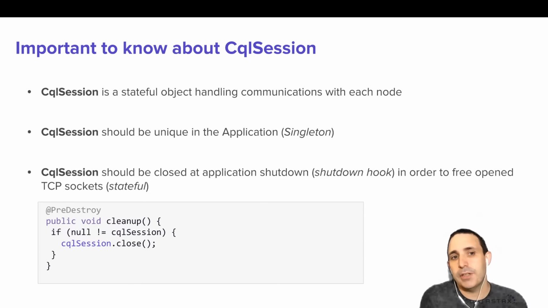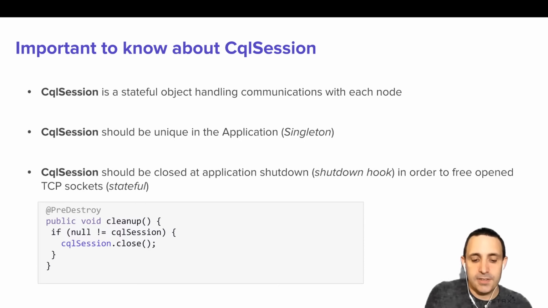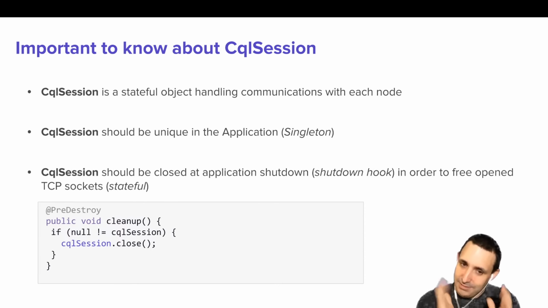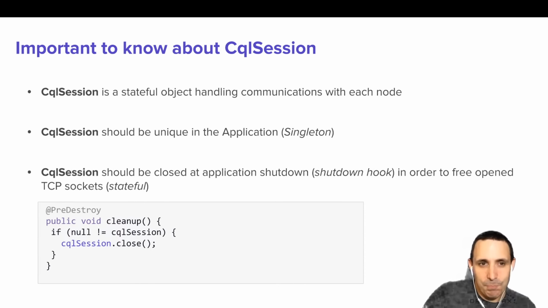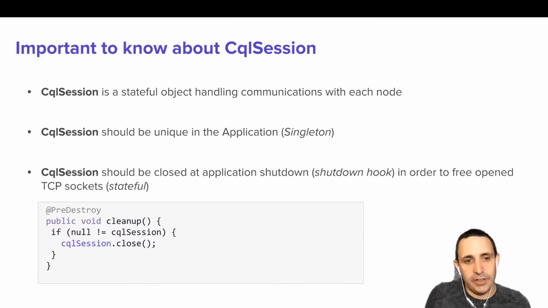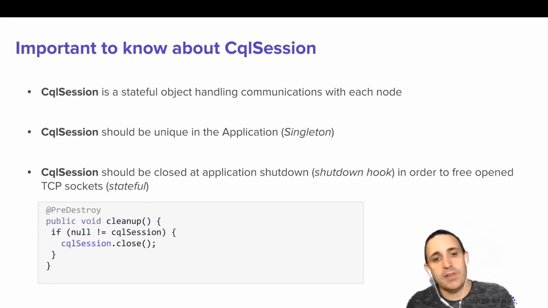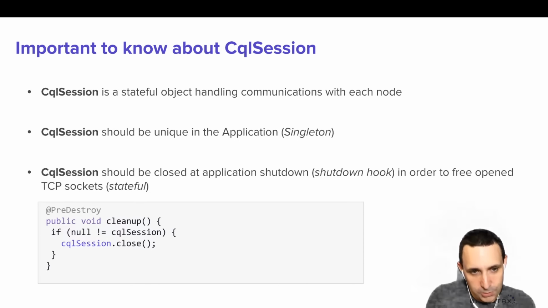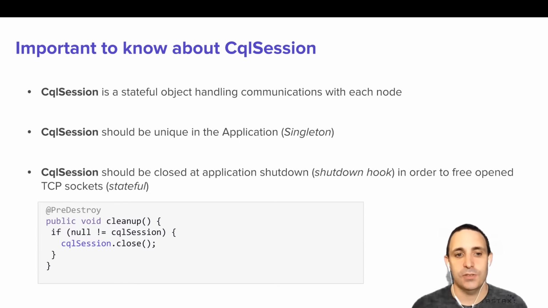That's a lot of TCP connections. So when you shut down your app, please do session.close, because you don't want to keep the TCP sockets open. You want to be clean, so you need to close the CQL session.